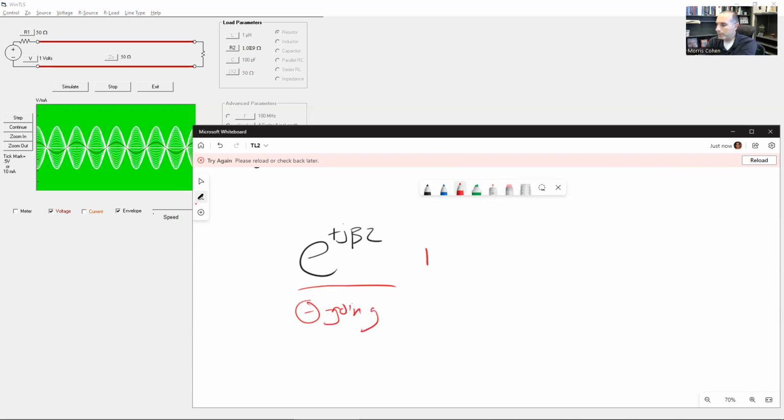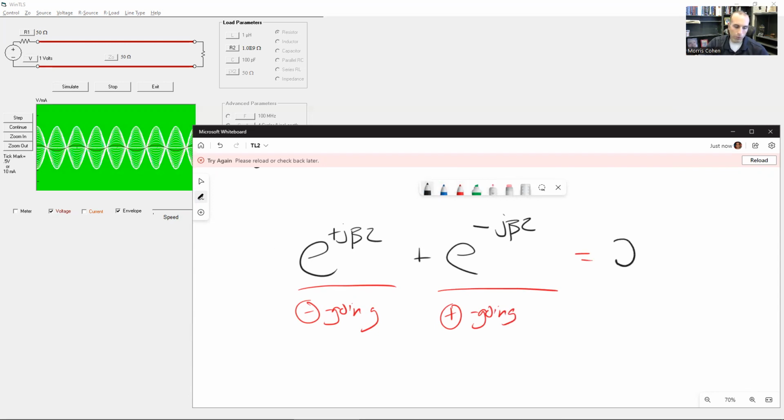If we add that to a positive going wave, e to the minus j beta z, this would be positive going, then this works out to be the same as 2 times cosine of beta z.